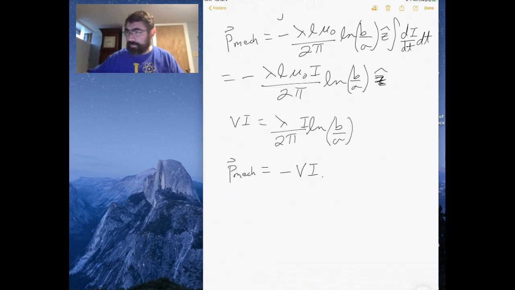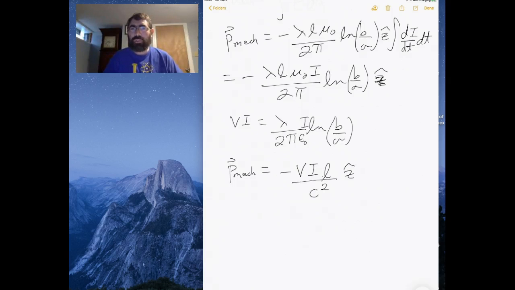There's no L in here. So I get VIL over C squared. Or, basically VIL times mu naught epsilon naught, in the z direction. So essentially I get back the same thing we had before.